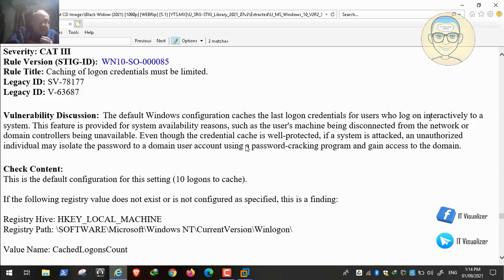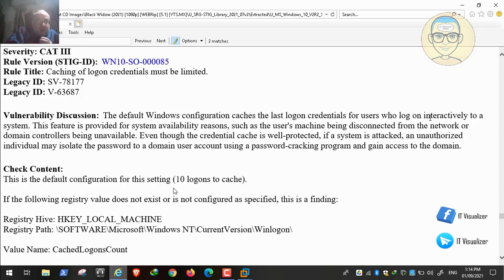Even though the credential cache is well protected, and the SAM database is already protected, if a system is attacked, an unauthorized individual may isolate the password to a domain user account using a password cracking program and gain access to the domain. So here it is saying that we should not disable this option, but decrease the number of logins to cache.